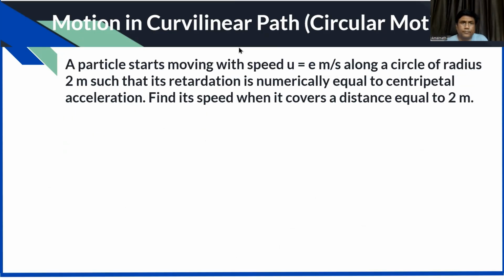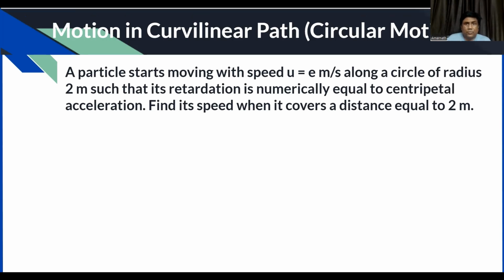Can I go to the next question? The question says a particle starts moving with speed u equal to e meter per second, and e is the number 2.71 like that, along a circle of radius 2 meters, such that its retardation is numerically equal to centripetal acceleration.